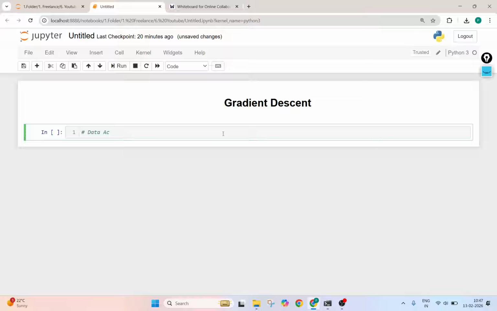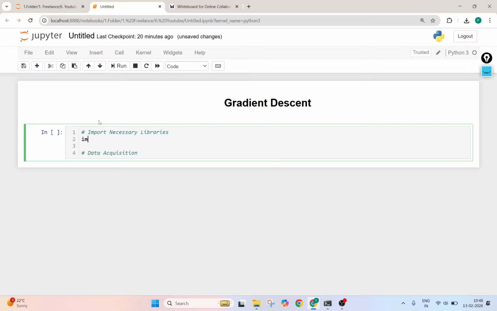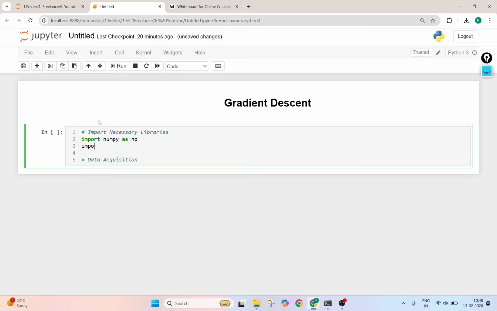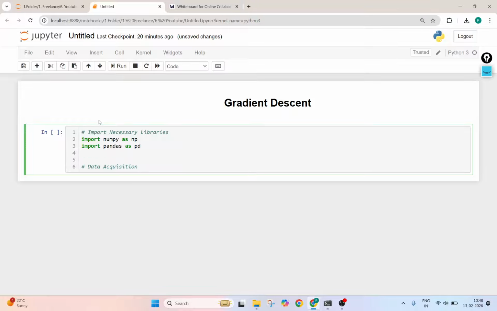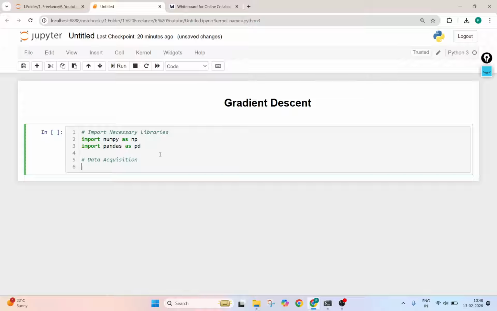So data acquisition, or first is importing the necessary libraries, right? First we import numpy. We'll need nothing else.